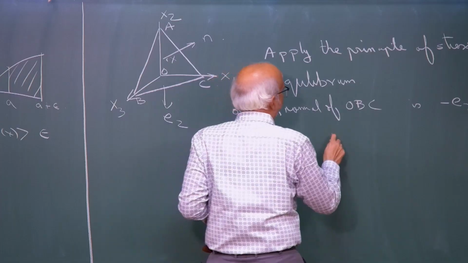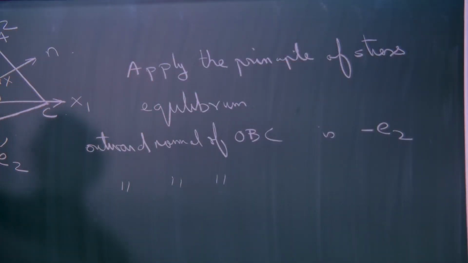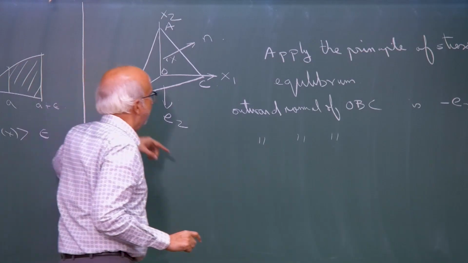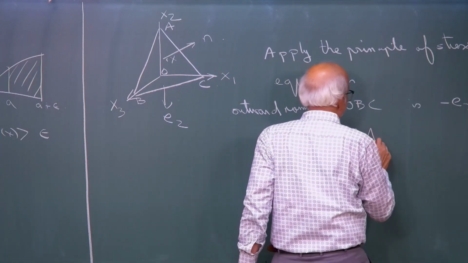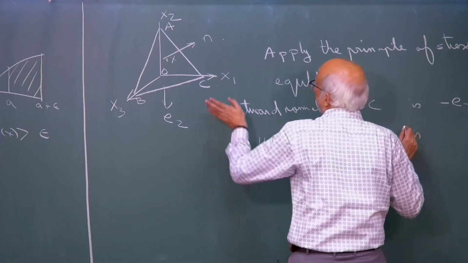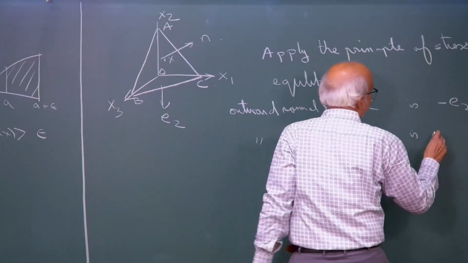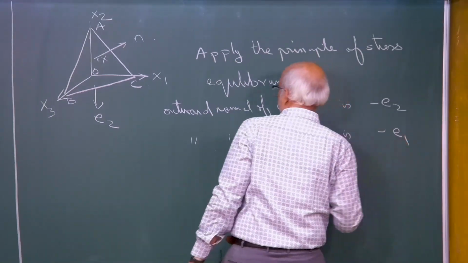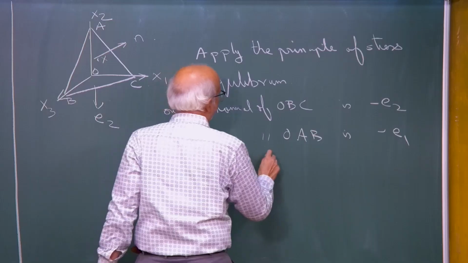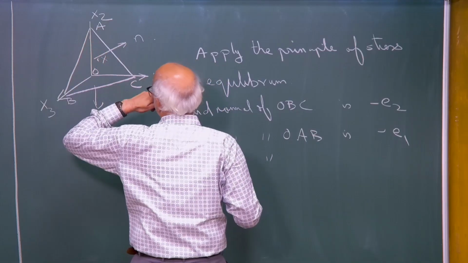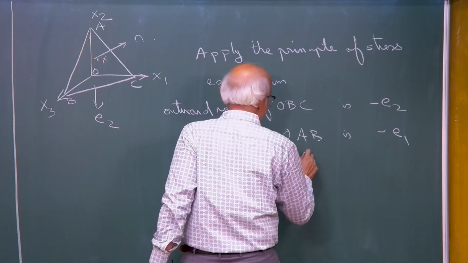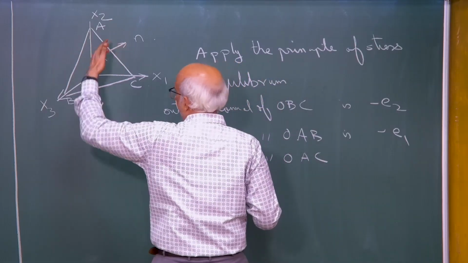The outward normal of OAB is minus E1, and the outward normal of the other one, OAC, is minus E3.